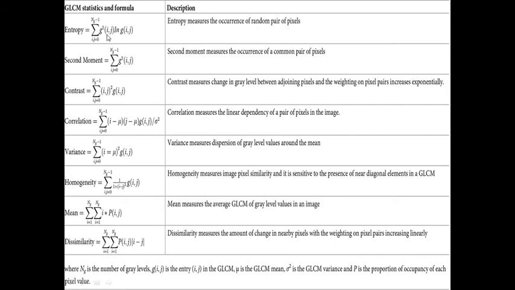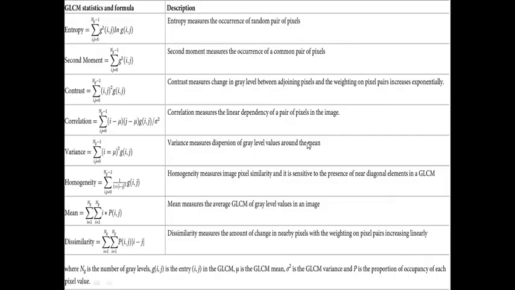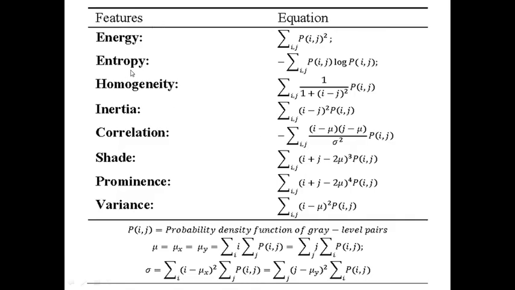For each and every second order statistic, I have the definition here. By using these one can do the classification and find out what the texture exactly is. Like energy, entropy, homogeneity, inertia, correlation, shade, variance, the respective formulas are these.